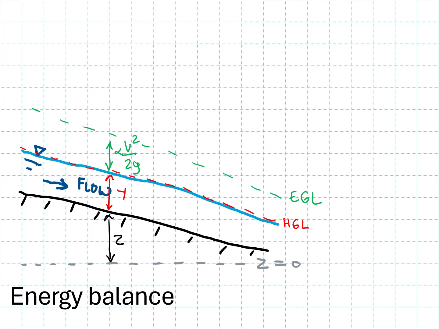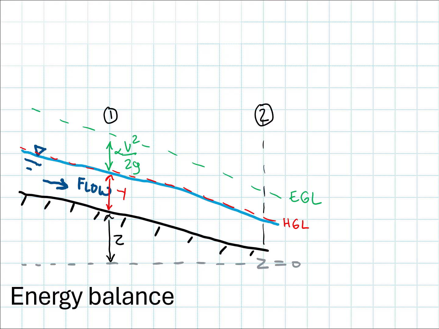So now let's say that I'm going to choose two cross sections to compare. Let's say that the one that I've drawn here, I'll call this cross section number 1, and then I'll come downstream over here and I'll compare that to cross section 2 down here.